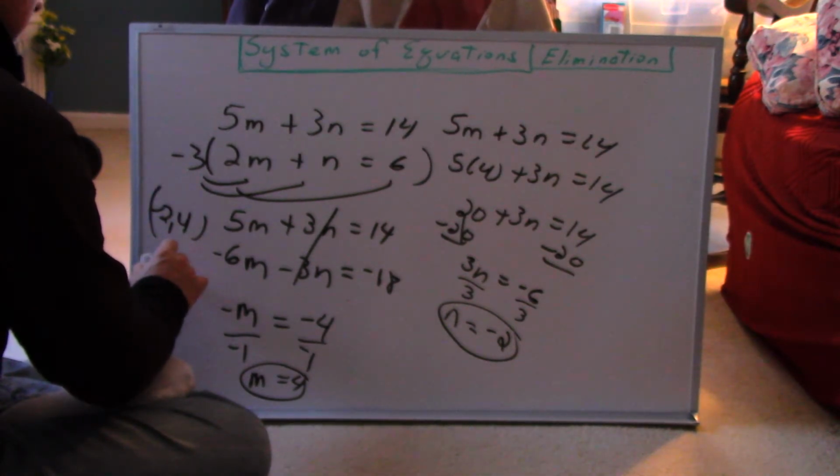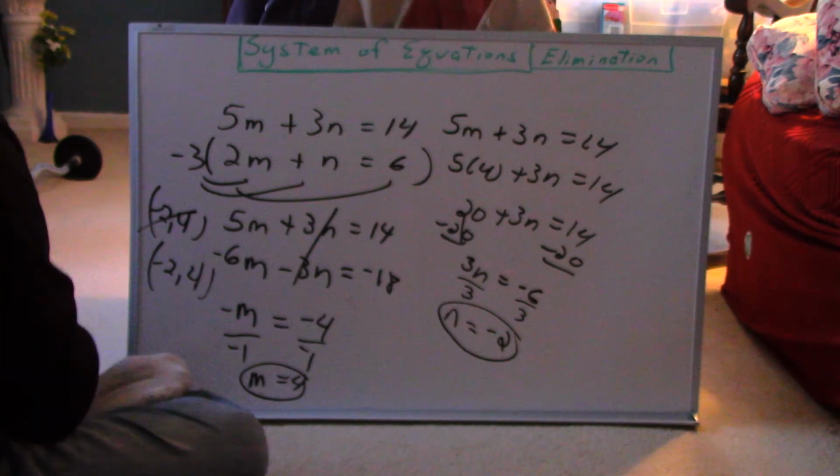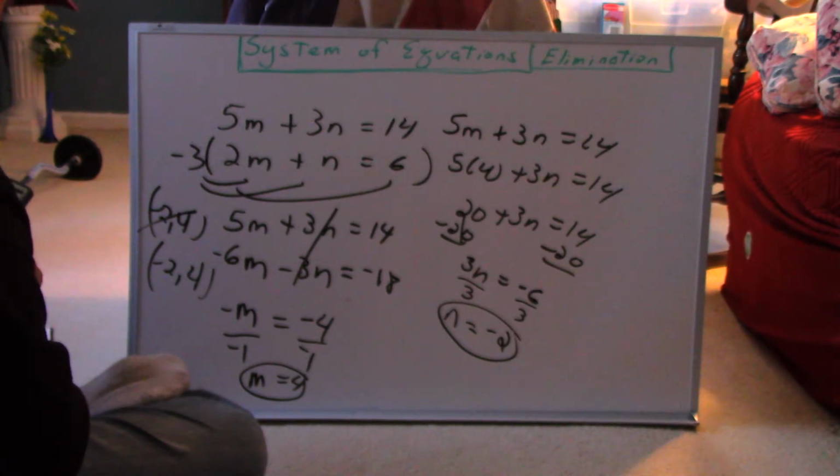That is like super sloppy. Let me write that over. Negative 2, 4. 5 times negative 2.